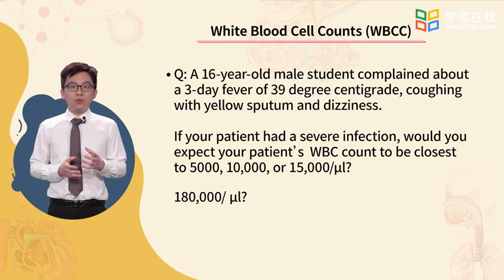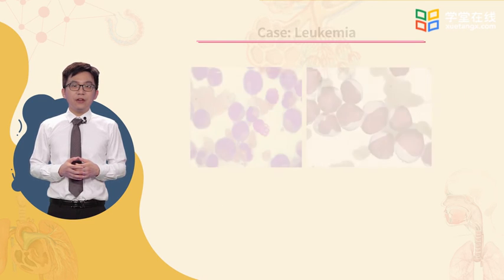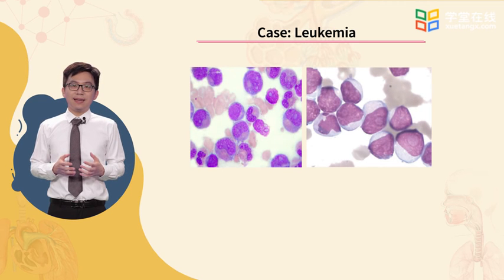But what if the white cell count is 180,000 per milliliter? If the number is incredibly high like this, you would change your mind into considering leukemia, a cancer of the blood or bone marrow characterized by an abnormal proliferation of blood cells.